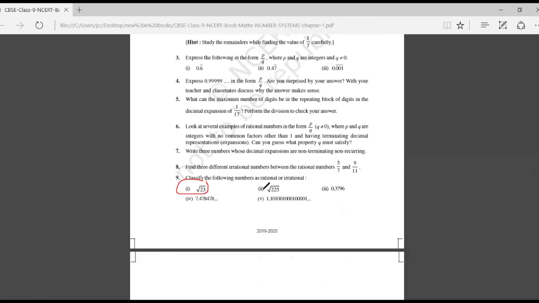Now, Ishita Reddy. What is the second one? Please read, one second, and say rational or irrational. Sir, it's rational. Rational? How?